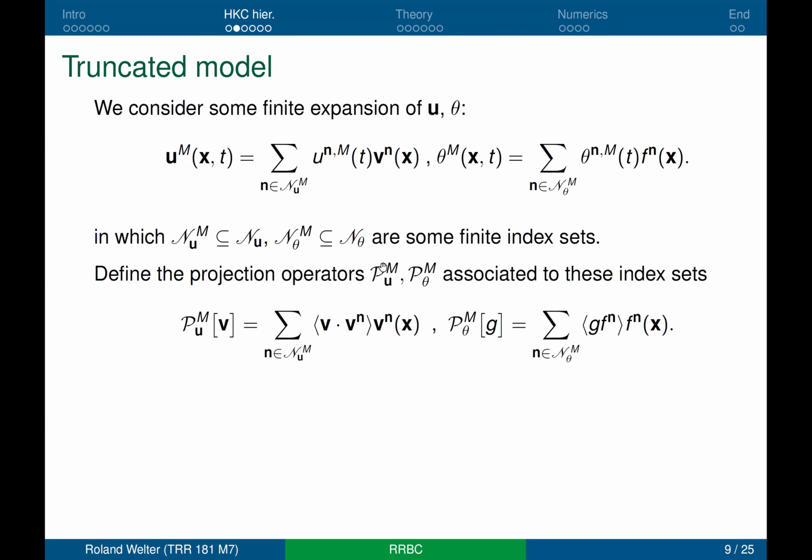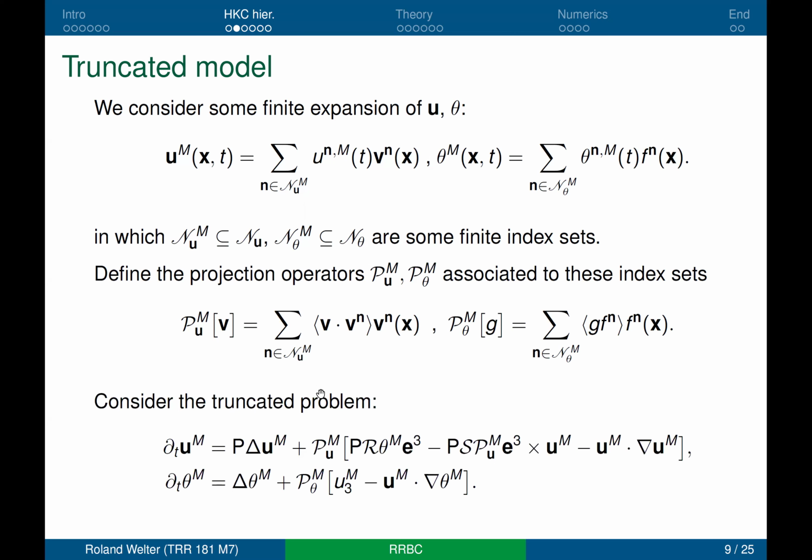We then define some projection operators so that we consider the projected problem, where we just take the PDE and project everything onto this finite basis.